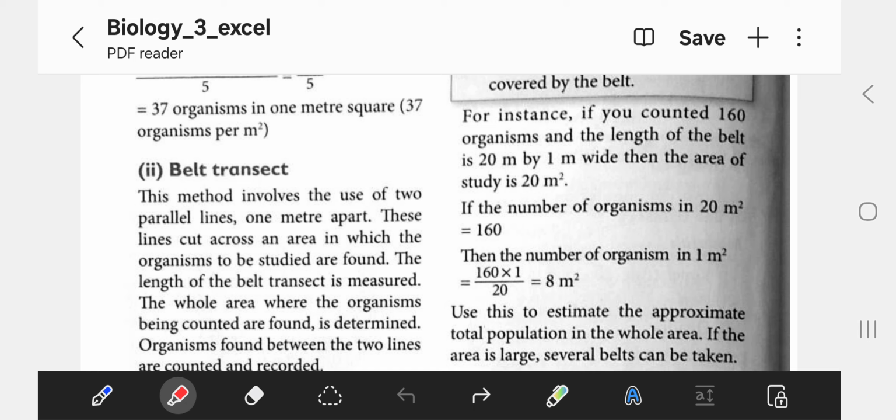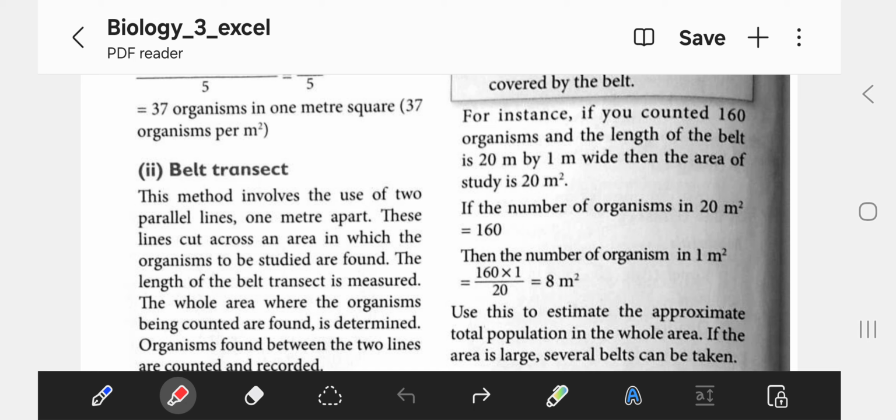Then after that you use a formula to find the estimated population of organisms in that place. Can you see it? Yes.